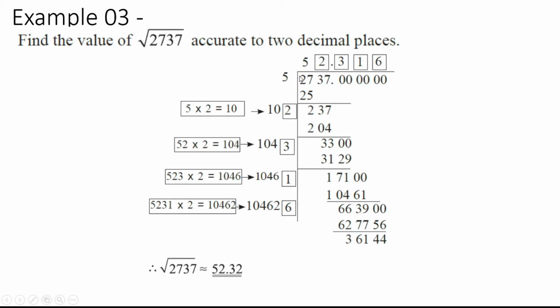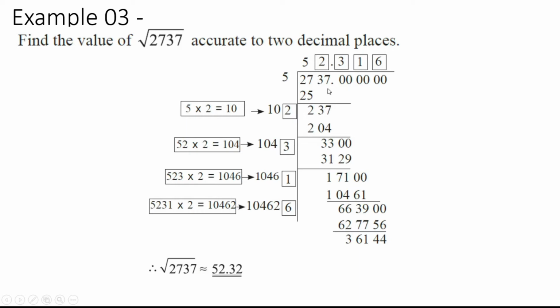So here 27 is the first pair. The perfect square closest to 27 is 25. Square root of 25 is 5, so we write 5 above the line and on left of the line. So the product of 5 into 5, you get 25. Then you subtract 25 from 27, you get 2.